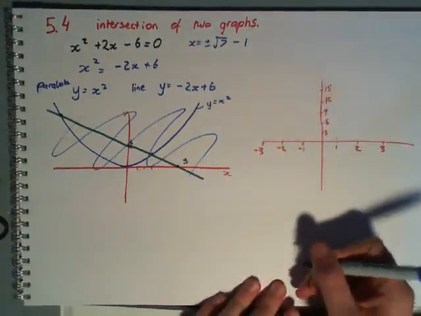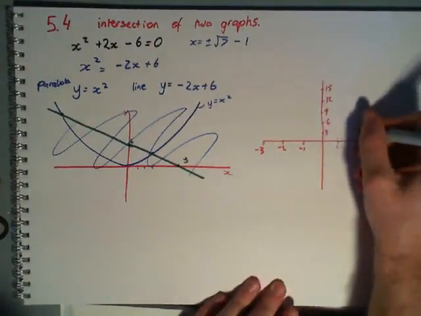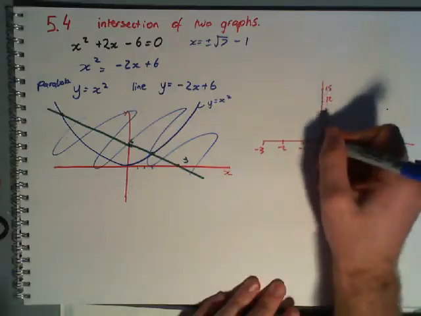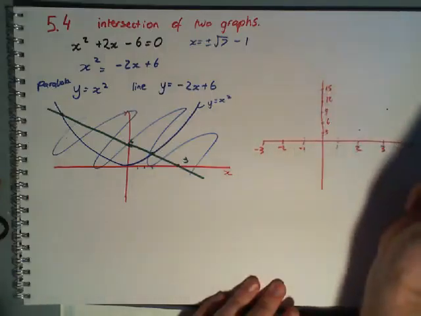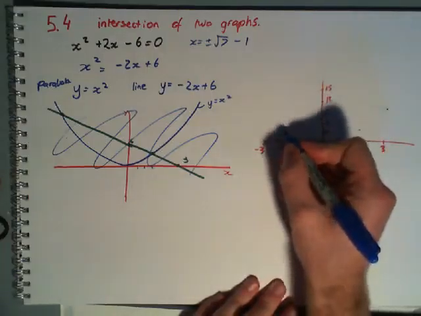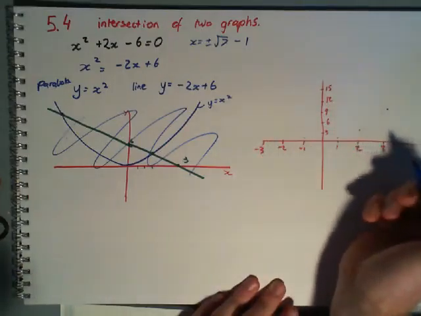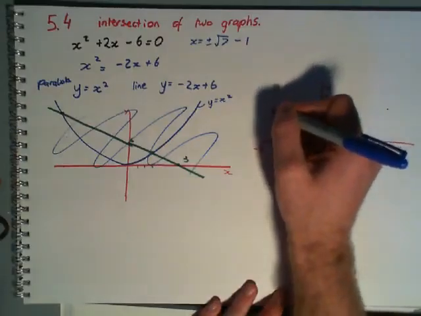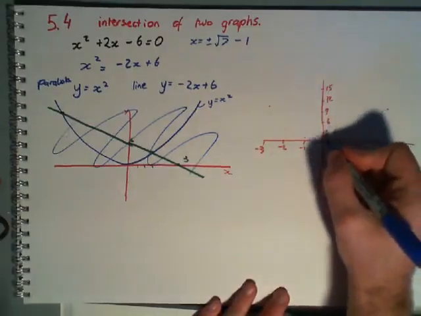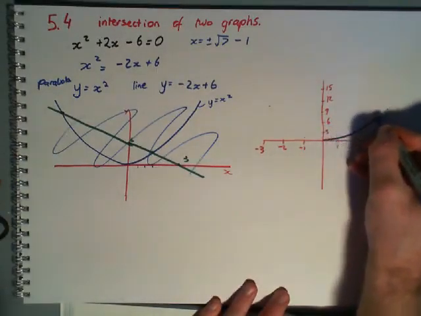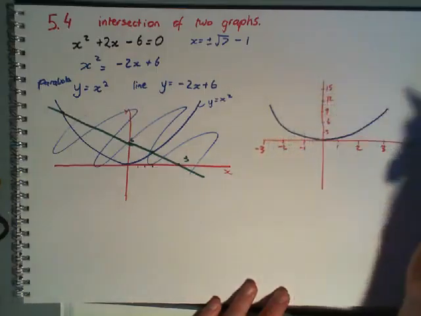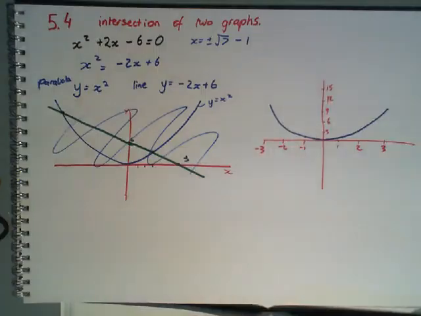It'll go through 1, 1, 2, 4, which is about there, 3, 9, somewhere there. And then similar on the other side, minus 1, so 1 and 4 and 9. It's about there. So connecting the dots. Okay, that's our x squared graph.